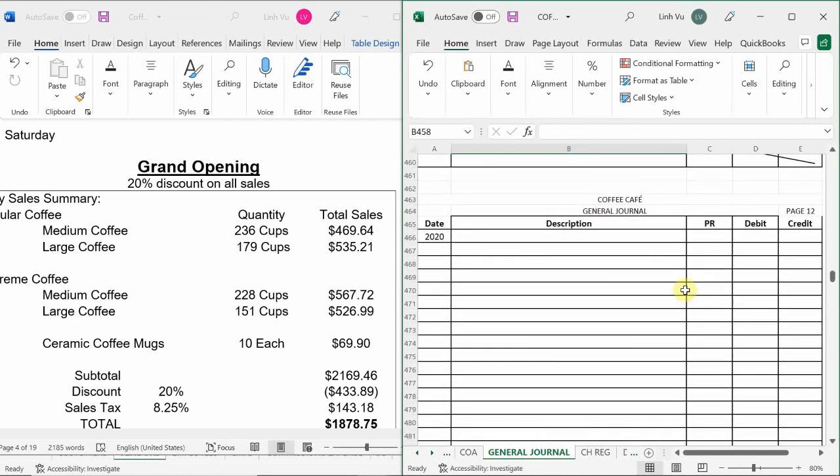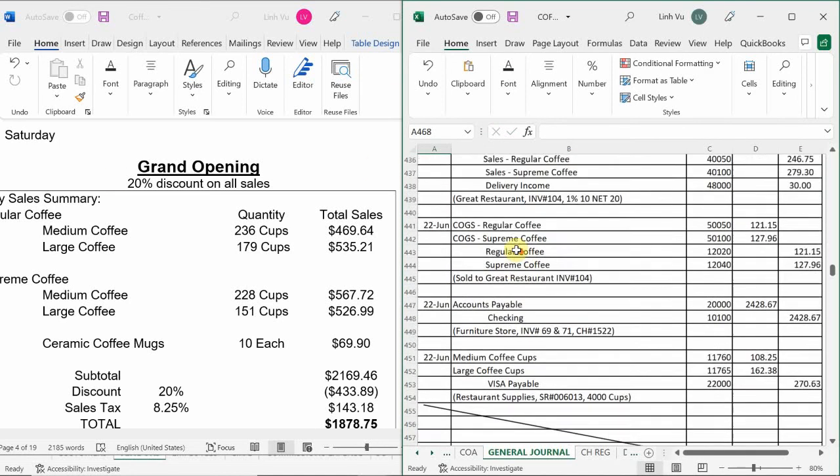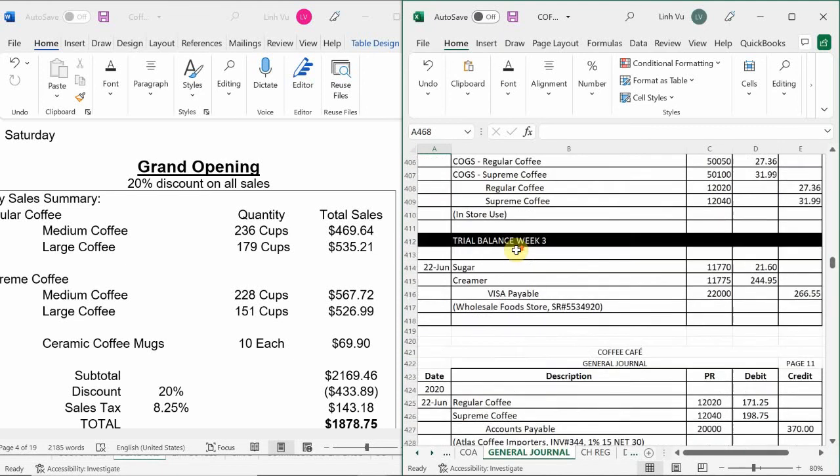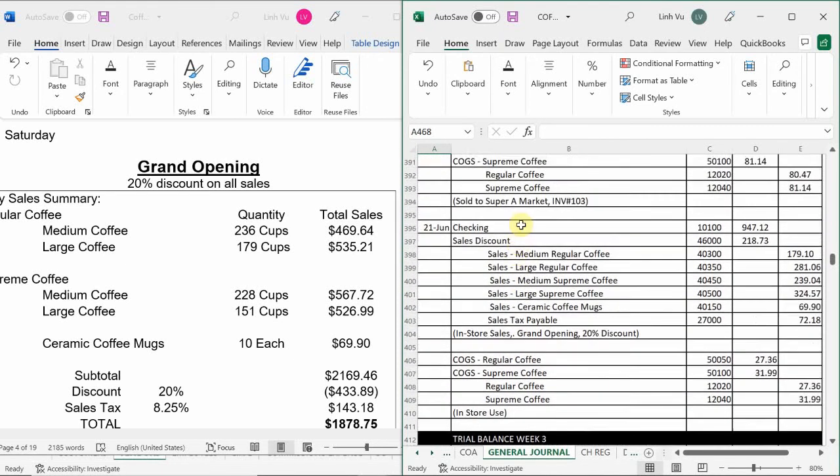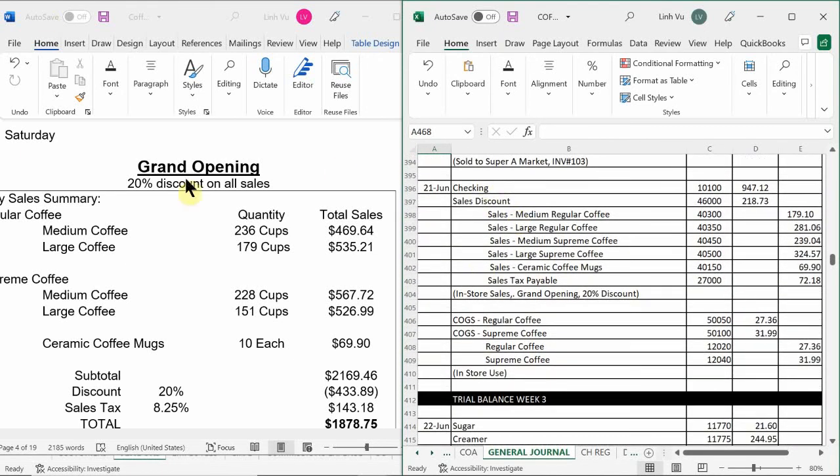So that means I'm going to be in my next page, page 12 here. Today is the 22nd, and I'm going to copy a previous transaction, which is right here, because we still have our grand opening sales, so we're going to be receiving a check, a sales discount, and we're also going to be updating our inventory.